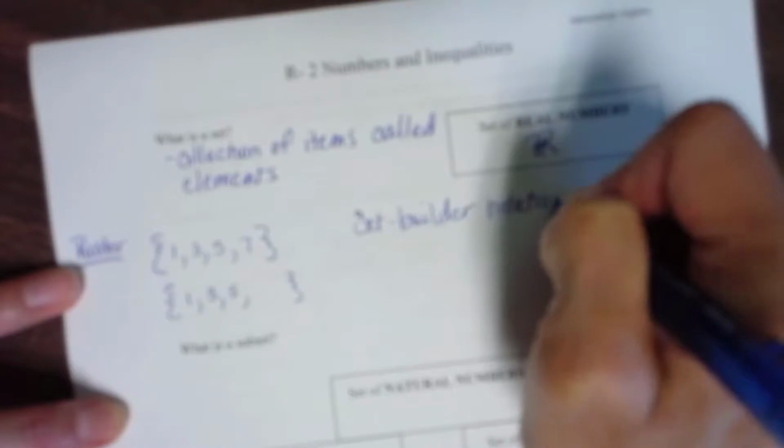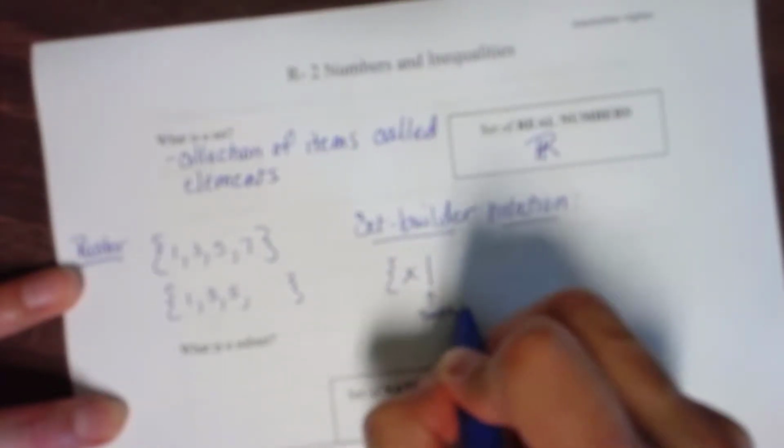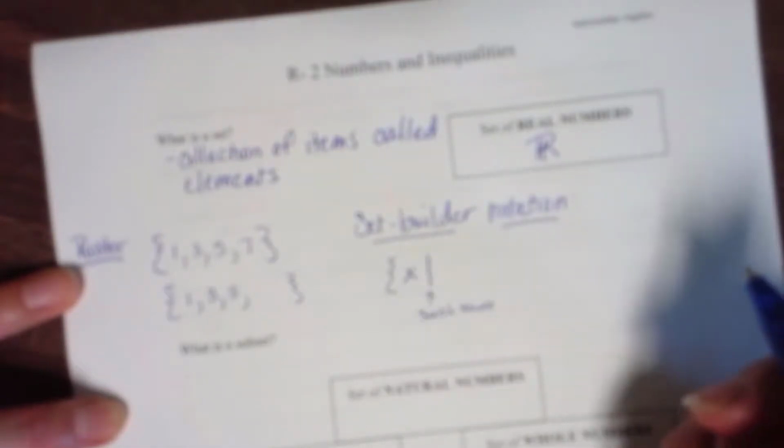That's one of the notations that you're probably already familiar with, and the other is what we call set builder notation. For set builder notation, it's a little more lengthy. We still use those braces, but we usually have X and then this line, which is read as "such that."